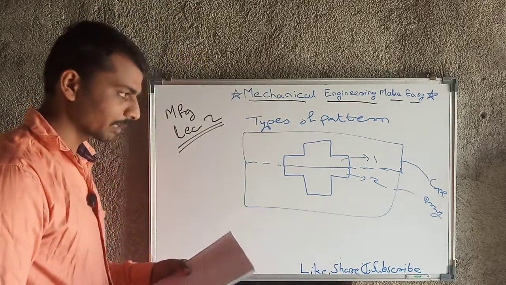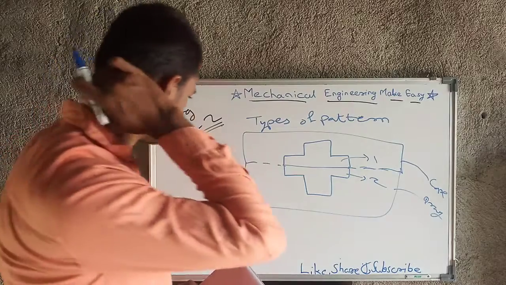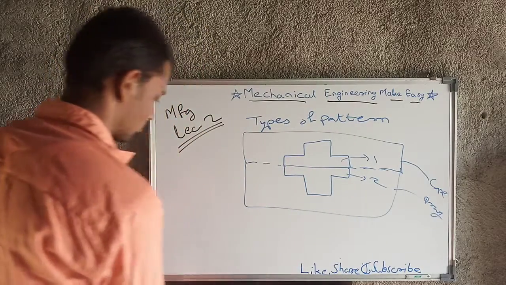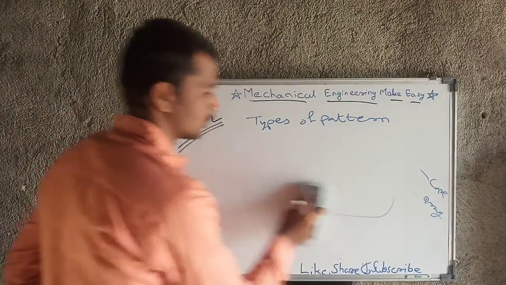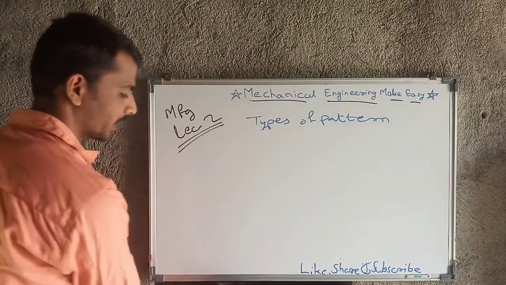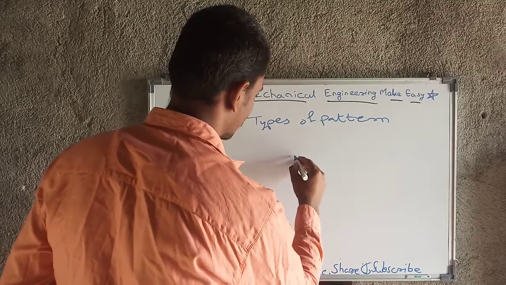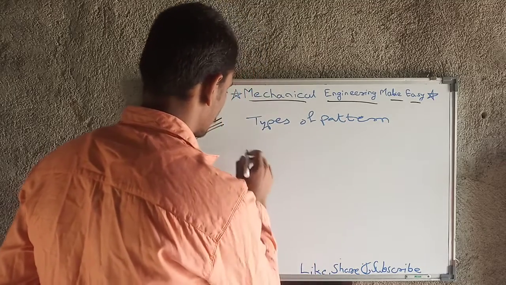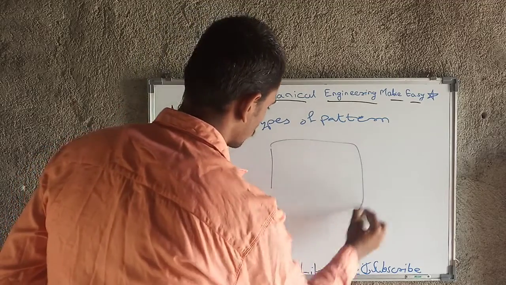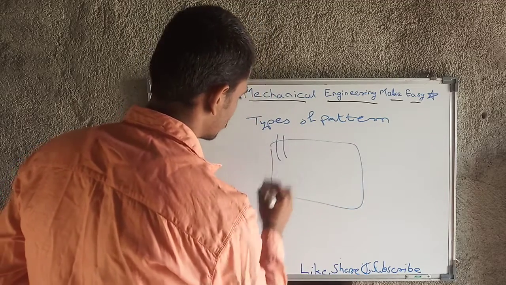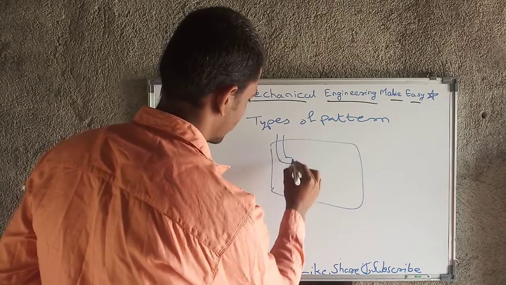Then there is gated pattern. Gates will be provided to the pattern, like this is the mold box, and the molten metal is poured from this, the runner and so on.